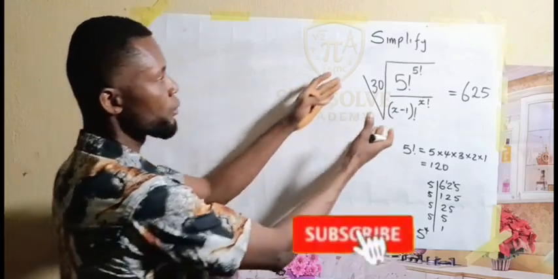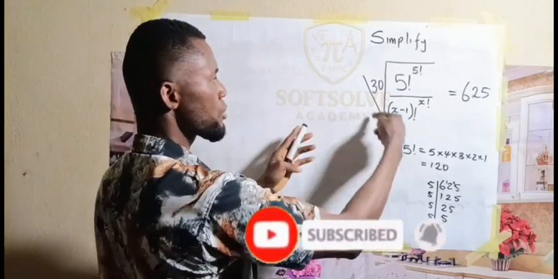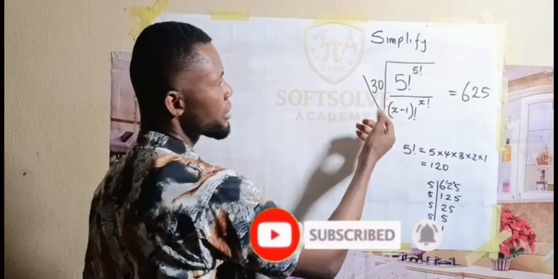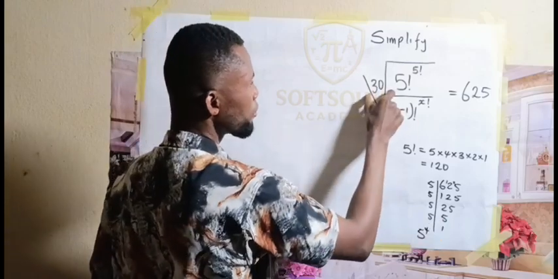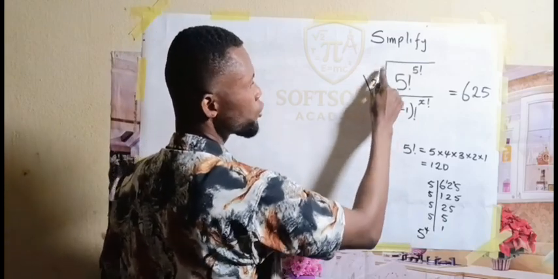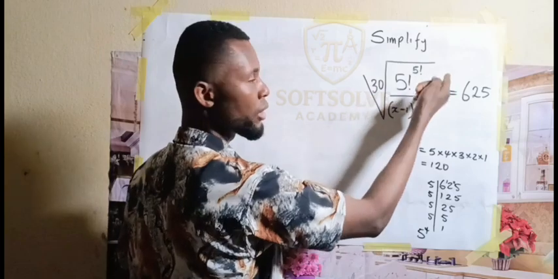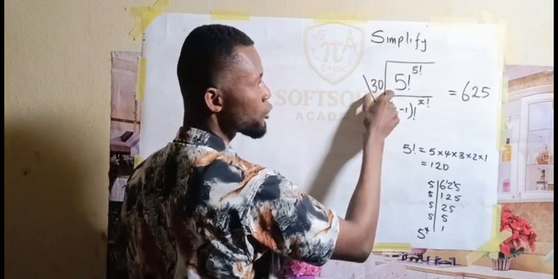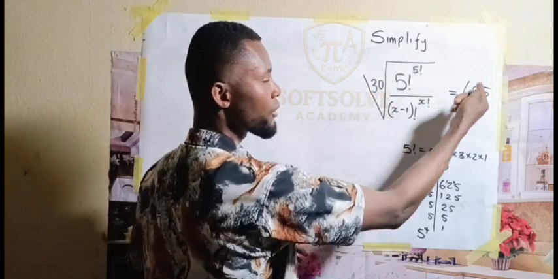Now, if we want to begin with this question, we need to remove this big house here. That means we move this 30th root over to the other side. When we move it over, it changes from 30th root to being raised to the power of 30.